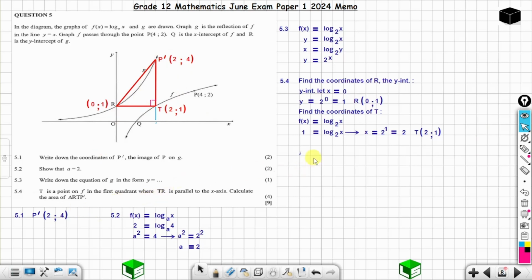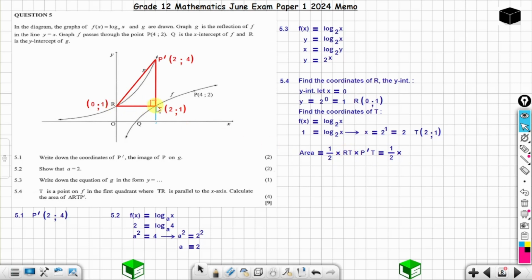Now let's find the area. The area is equal to 1 over 2 times the base, RT, times the perpendicular height P dash T. This is equal to 1 over 2 times RT.